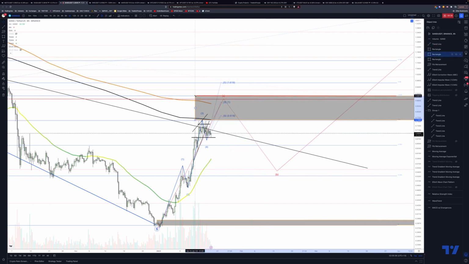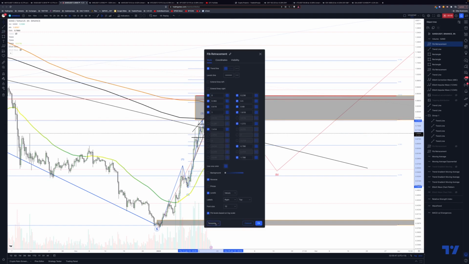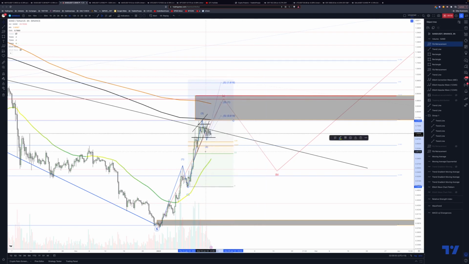So I'll just extend that. And so wave 4 could come down a bit more. And what we have from there is that there. And I'll just put my template there. Where is it? That one there. I think it hit the 0.5 there.